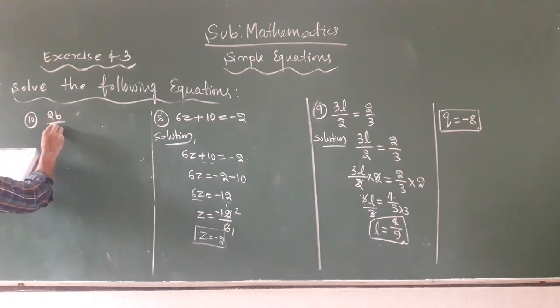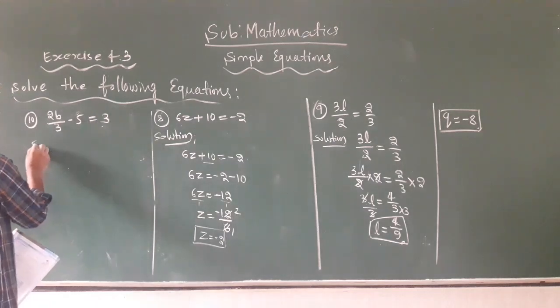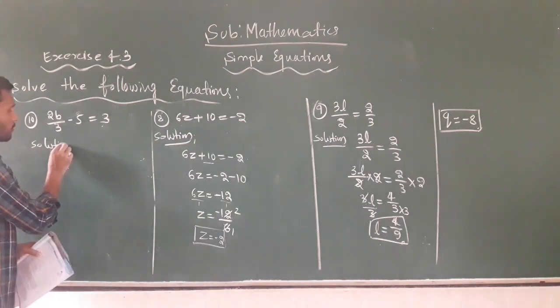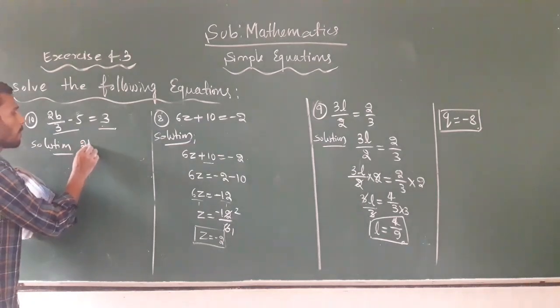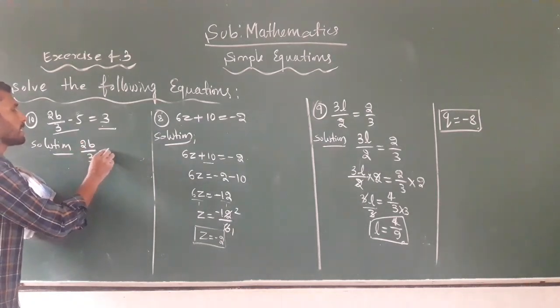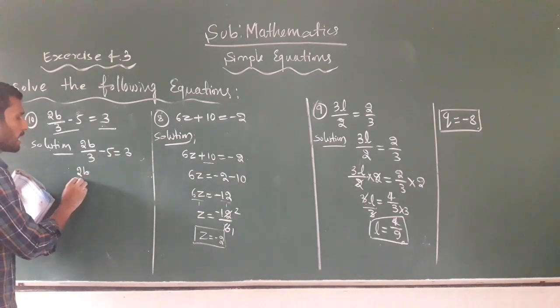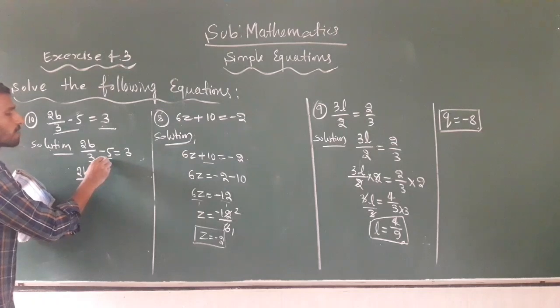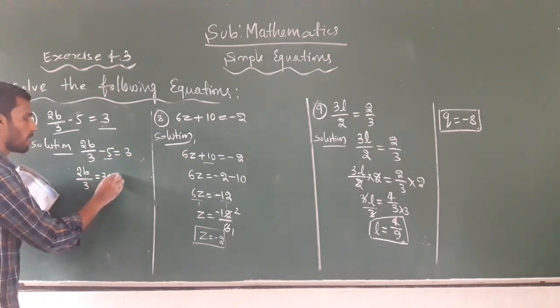2b by 3 minus 5 is equal to 3. Solution. Dear friend, this is the LHS, this is the RHS. When we shift from LHS to RHS, this 5 becomes a positive 5. 3 plus 5.